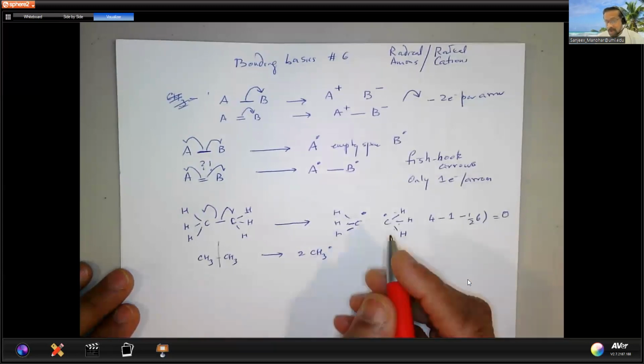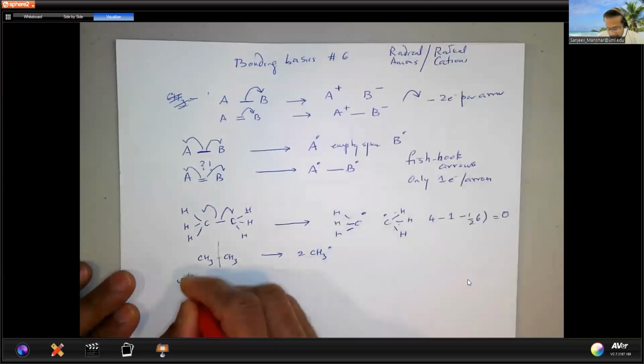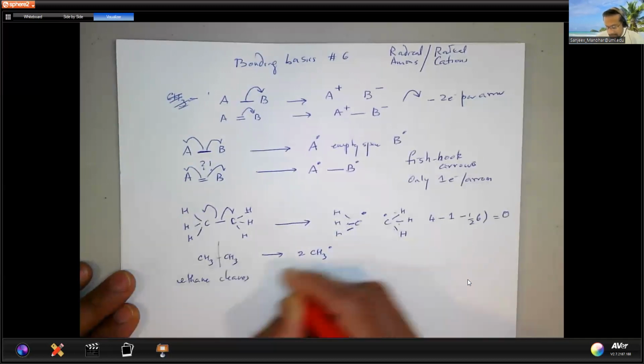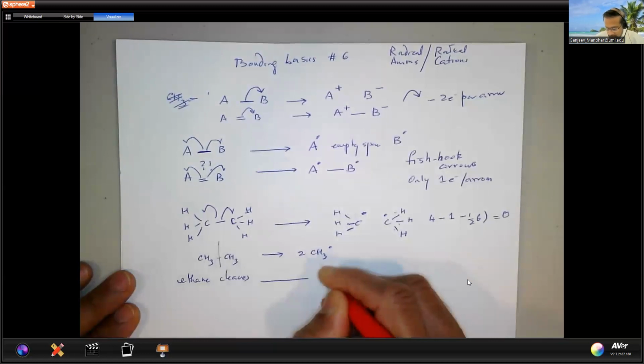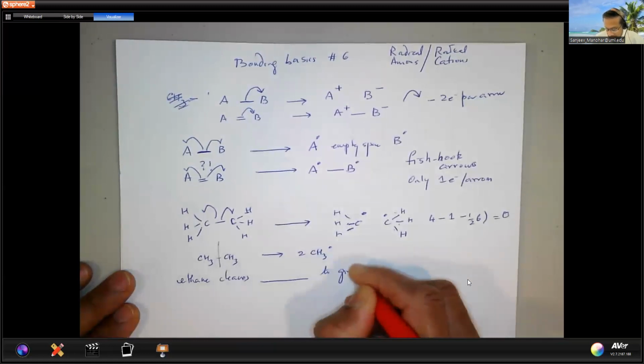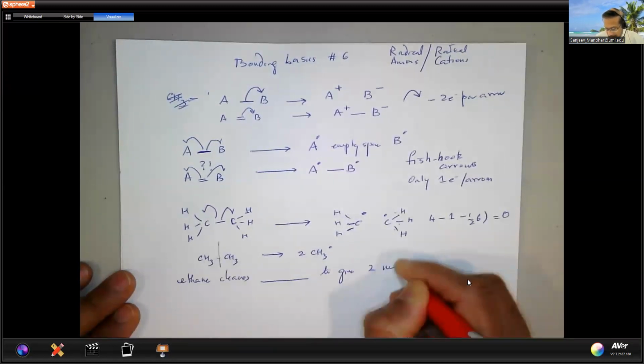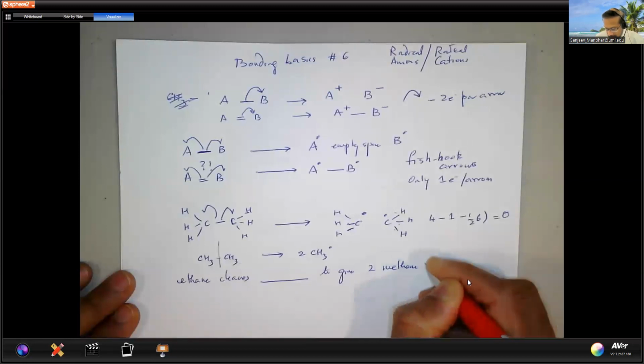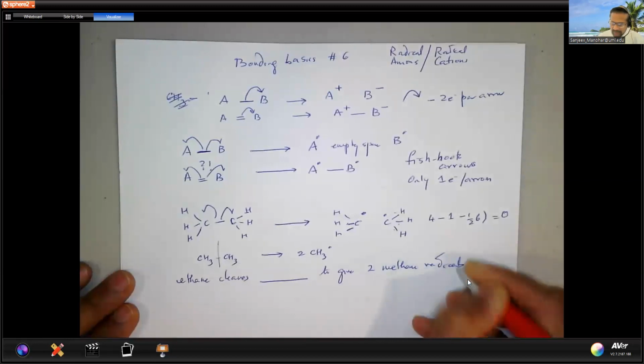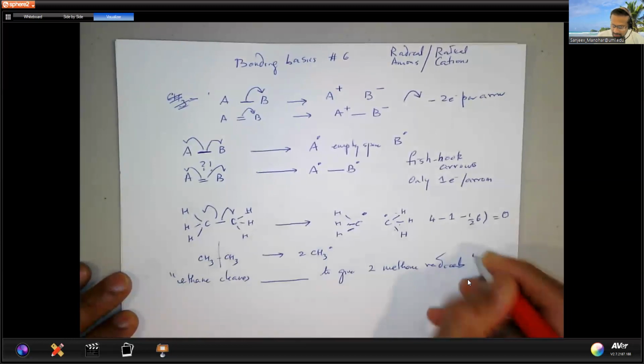So ethane cleaves to give 2 methyl radicals. That's what they mean.